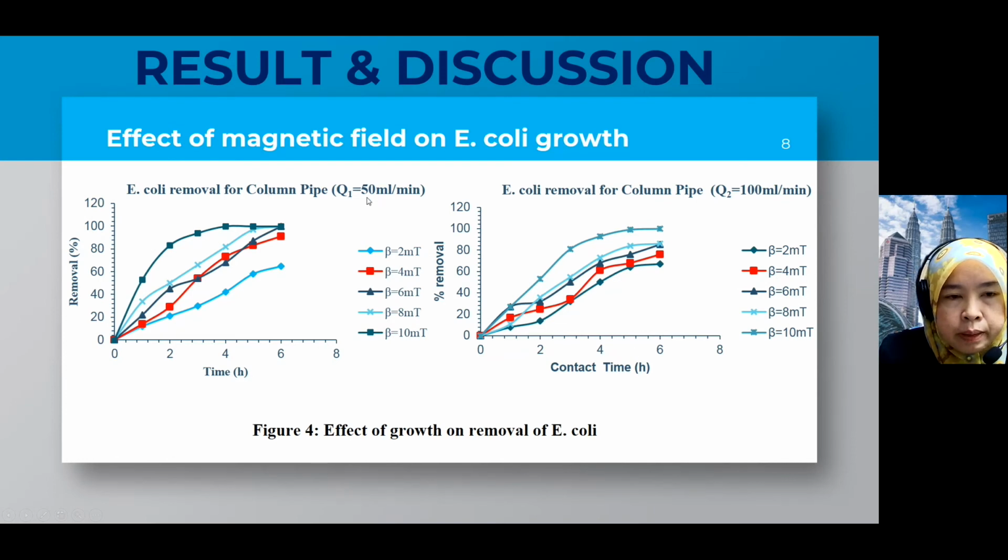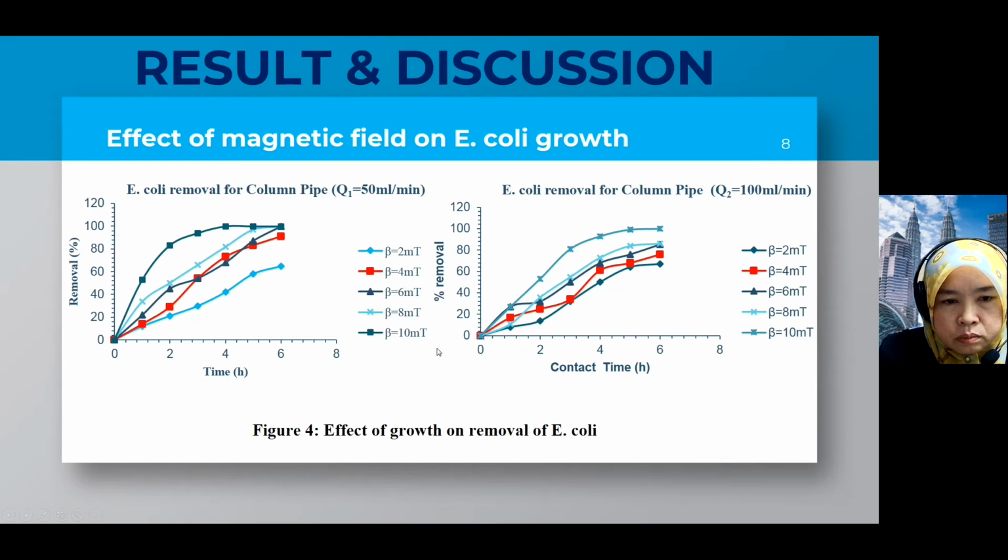Compared to column pipe 1, with a flow rate of 15 milliliter per minute, E. coli has been removed 100% in only 4 hours of contact time.